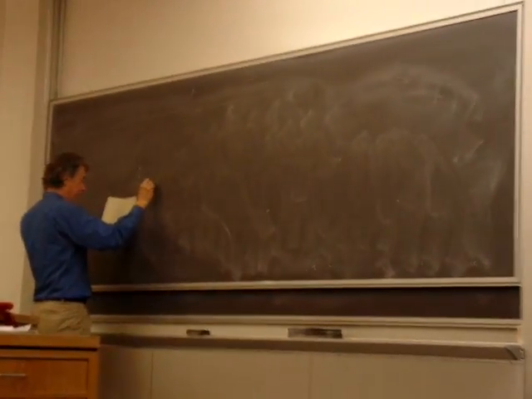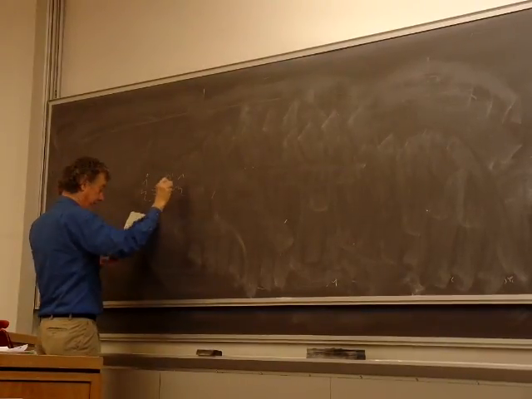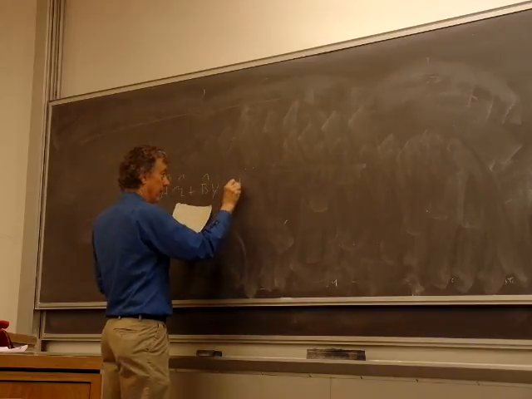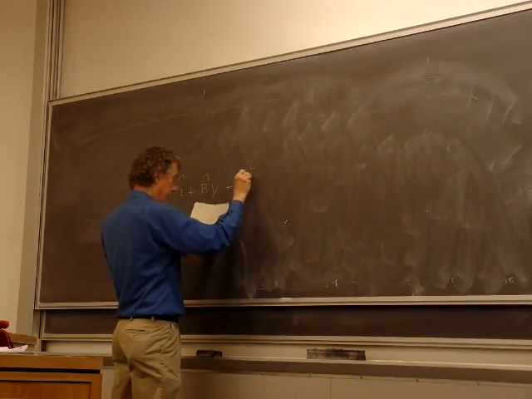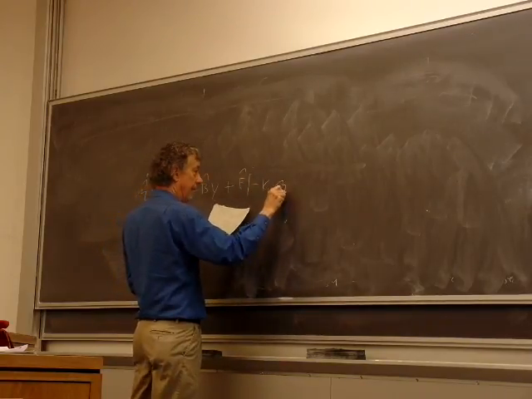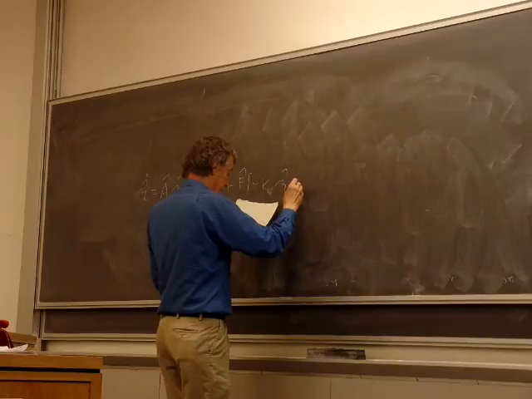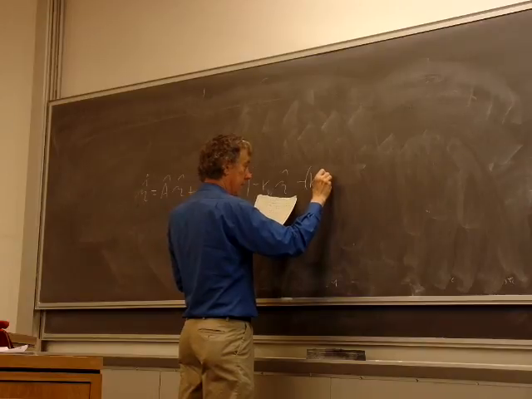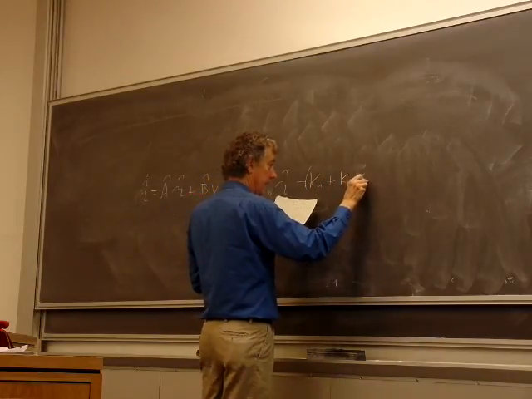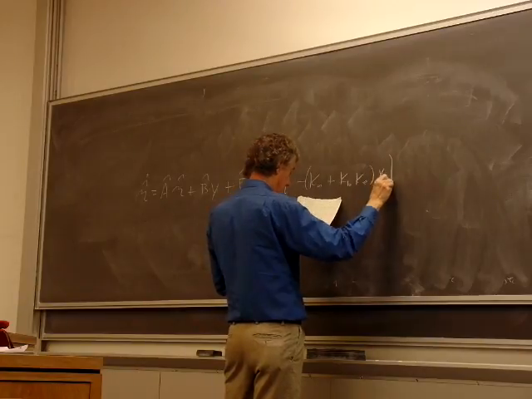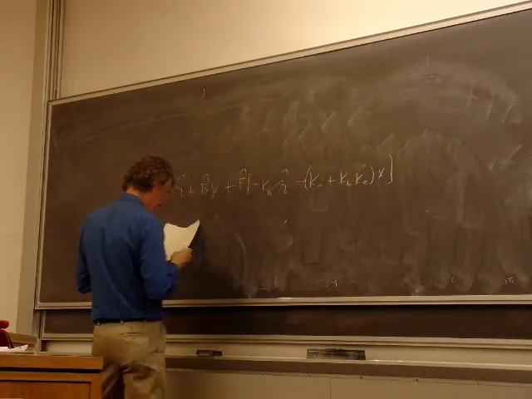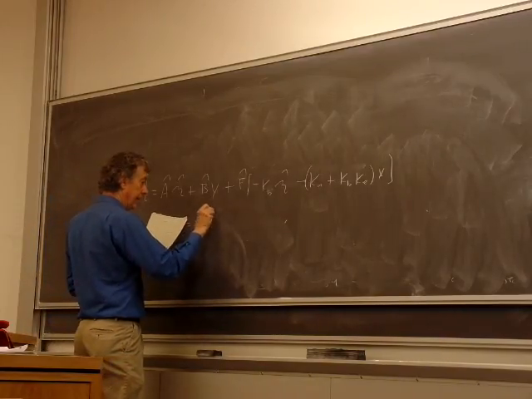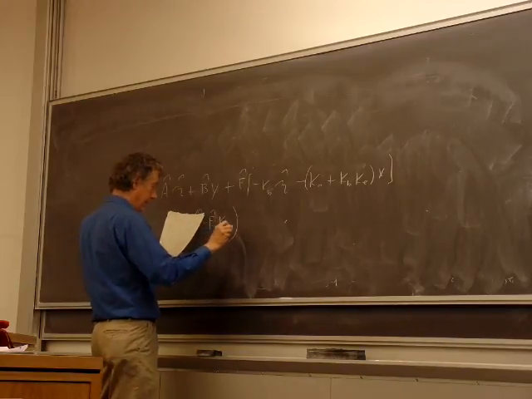Here's our equation. A minus F hat Kb times eta hat.